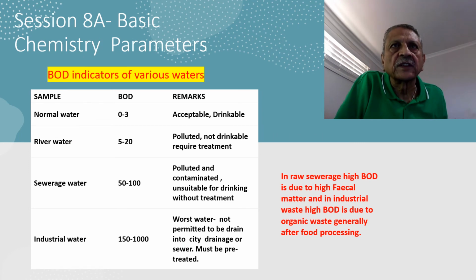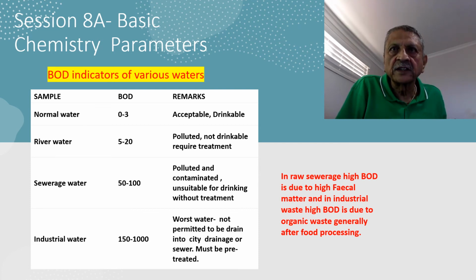This slide shows the BOD of the different types of water we find in our systems. Normal water has a BOD between 0 and 3 and is acceptable and drinkable. River water has a BOD between 5 and 20 ppm.